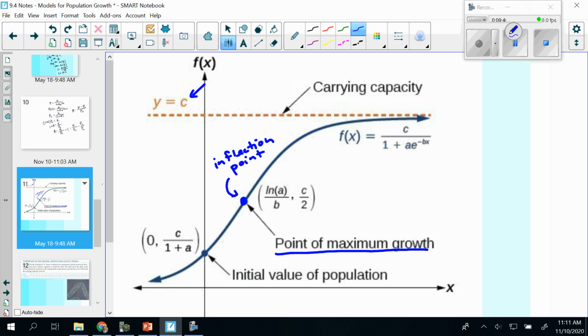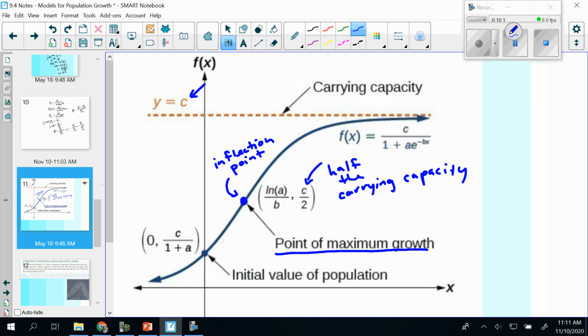So whatever your carrying capacity is, here they're using C before you're using capital K, the y value of this is always going to be half the carrying capacity. So whatever half the carrying capacity would be, that's the y value of that point.